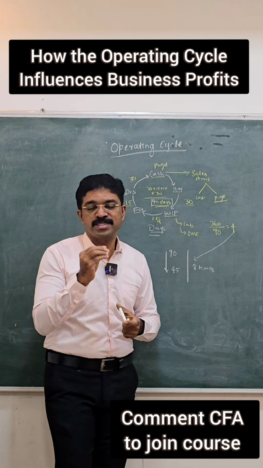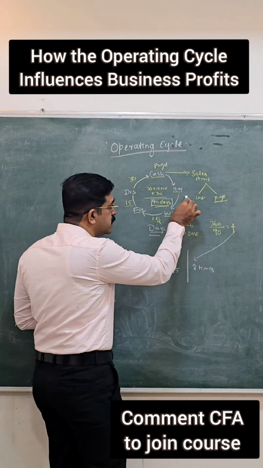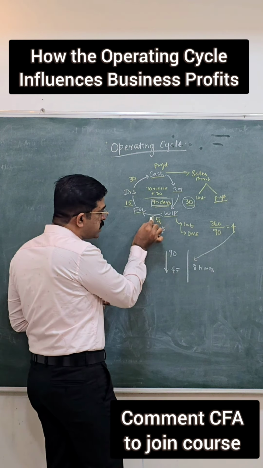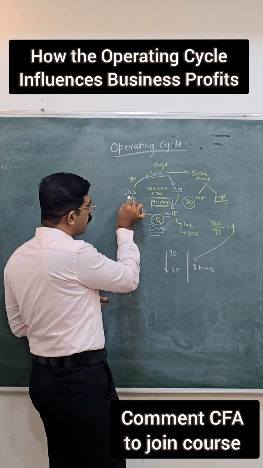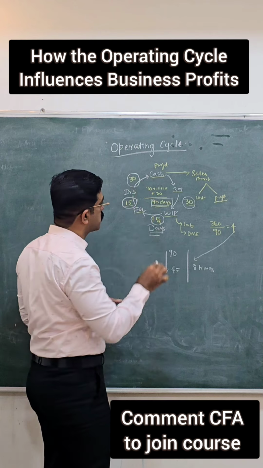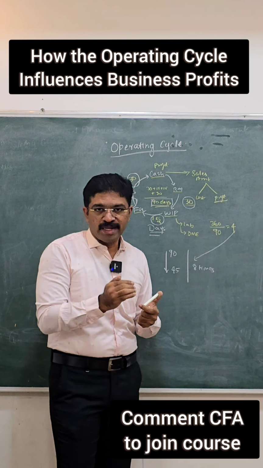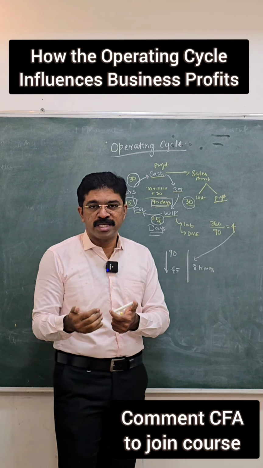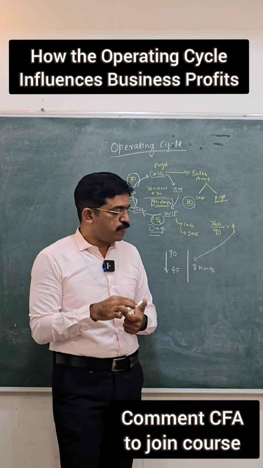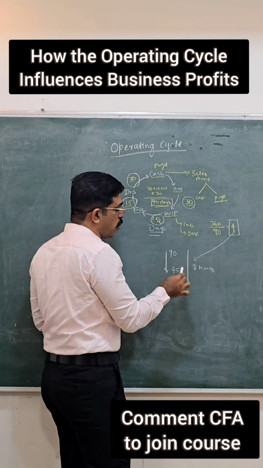That's why understanding the cash cycle is very important. Here, by reducing this period from 30 to a certain number of days, by optimizing the production process, by making effective finished goods inventory management, by negotiating better credit terms with customers, a business can bring down its cycle from 90 days to any other number of days, and that will increase the ability of the business to make more profits, because 4 times profit means only 4 times opportunity.